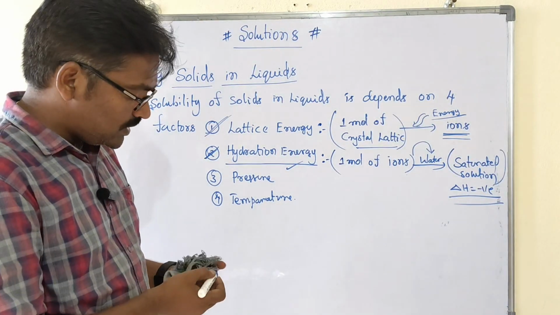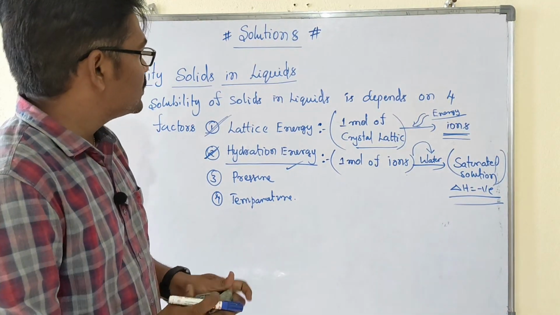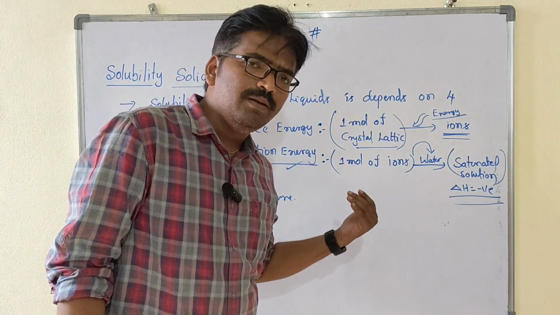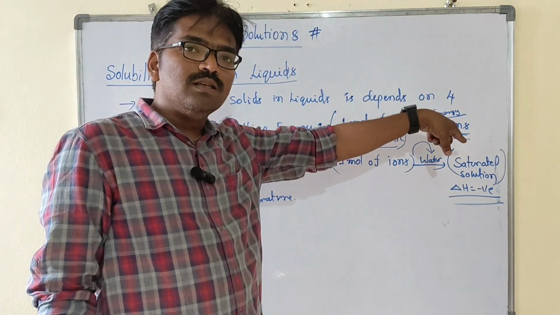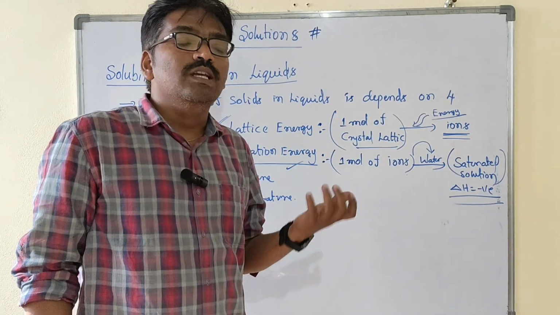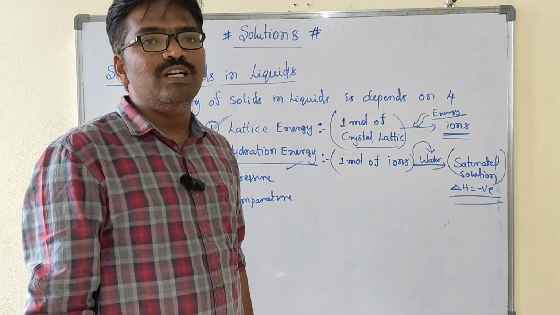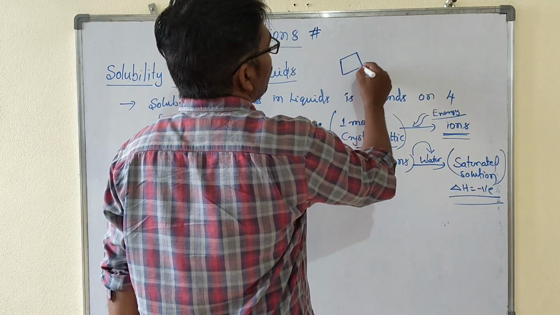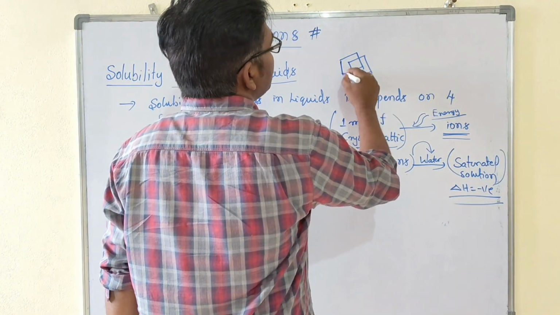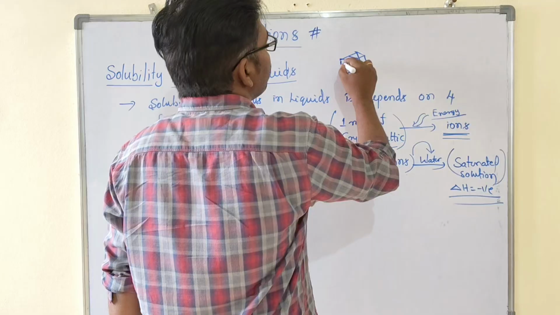So both energies. First, lattice energy: 1 mole of crystal lattice is converted into its ions. So how much energy is needed to break a crystal? Actually a crystal will be present in a cubic formation.